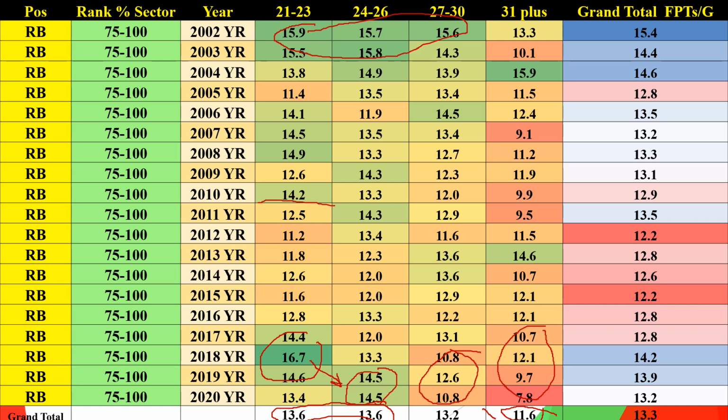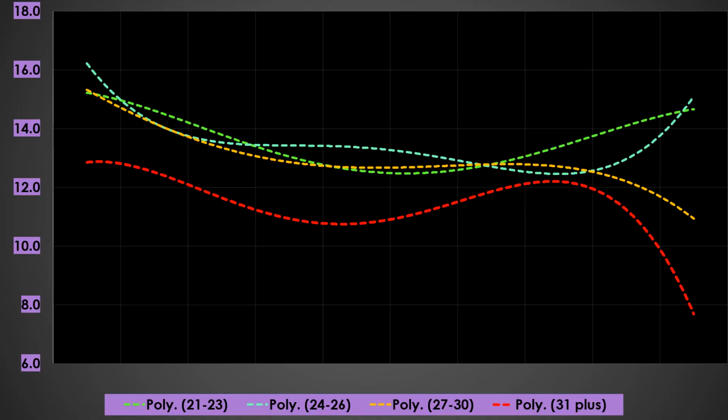So again, I think age has suggested a viable metric to apply to the running backs, and the top running backs are still showing that trend here. And here we go, the youth in the green, and they're really coming on, and the blue is the next group.